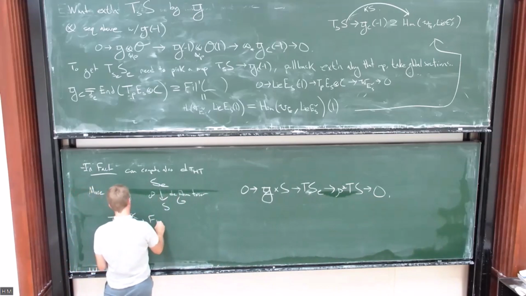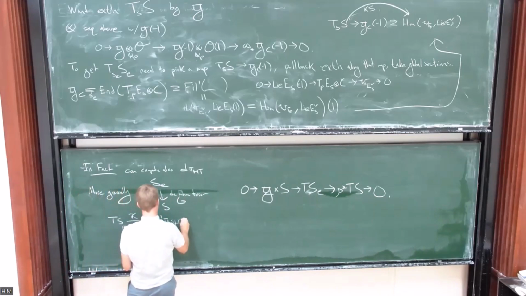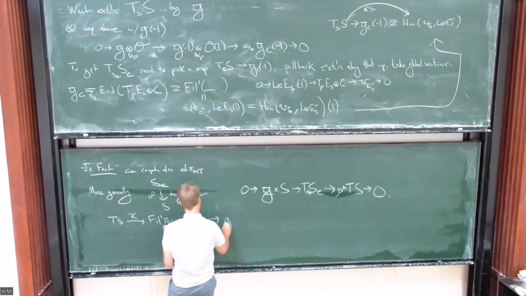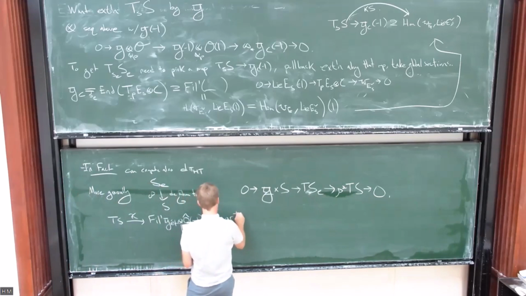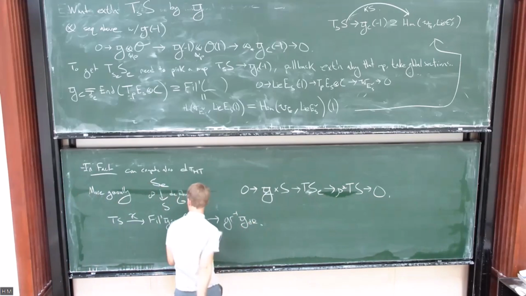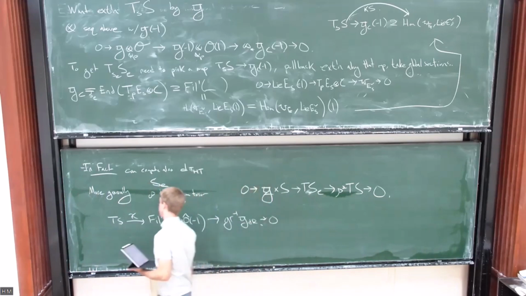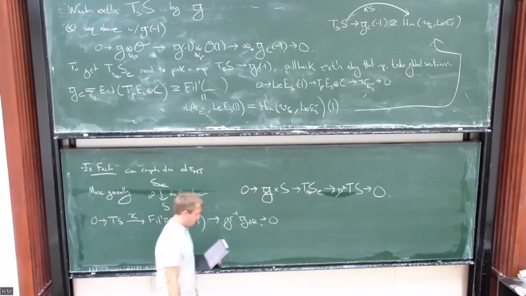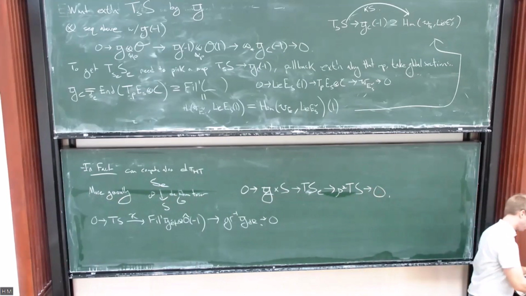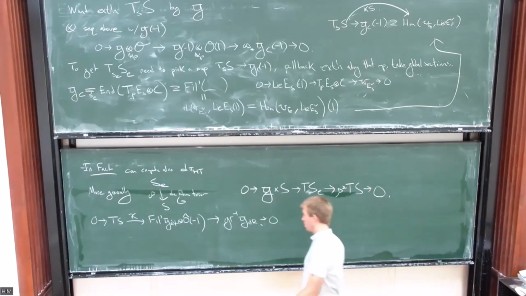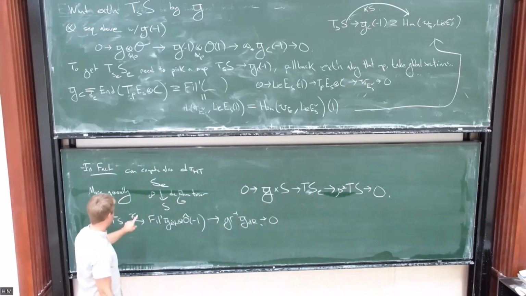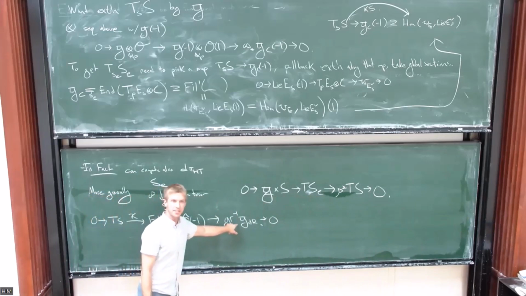This geometric Sen operator, in this case, the geometric Sen operator has a composition which lands over here, and this is the target, the tangent space of the Hodge period map. So this is the target of the Kodaira-Spencer map.